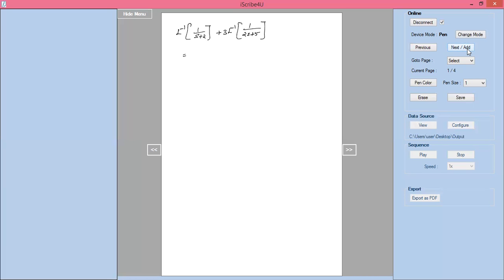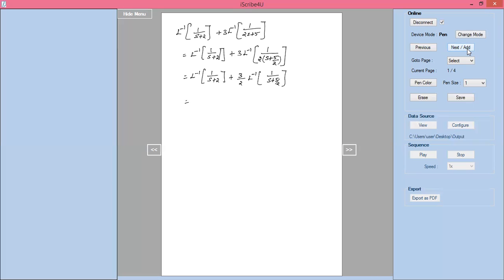So now I'll write L inverse of 1 divided by s plus 2 directly, plus 3 into L inverse of 1 divided by 2s plus 5. If you take 2 outside, you get 3 by 2 into L inverse of 1 divided by s plus 5 by 2.